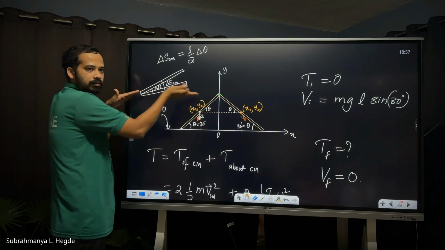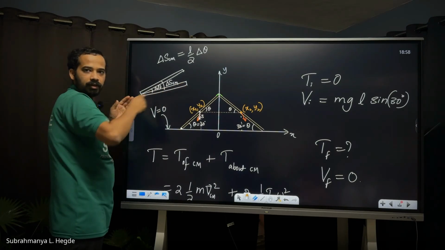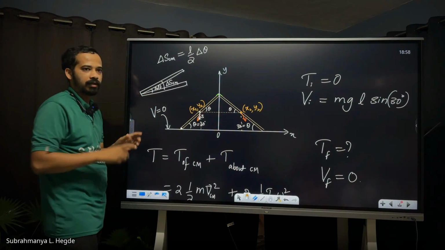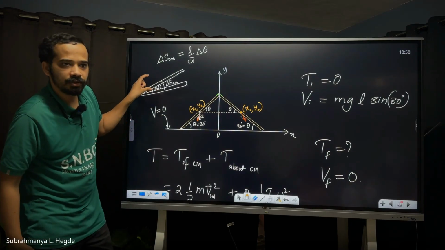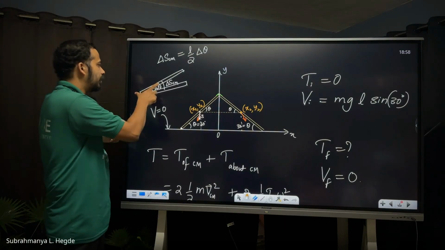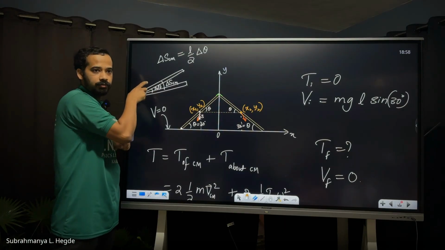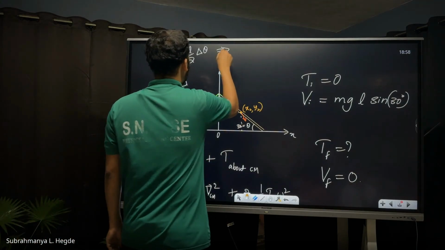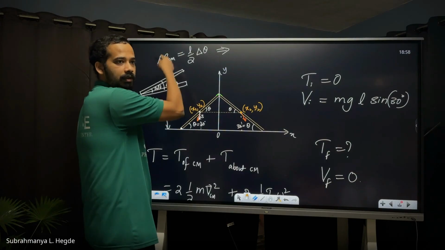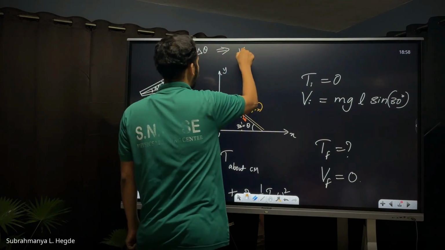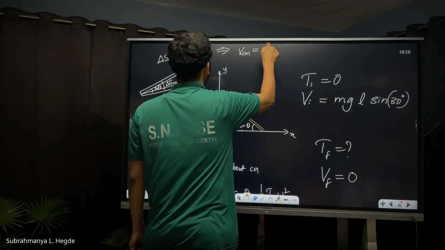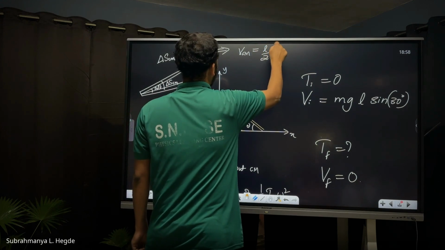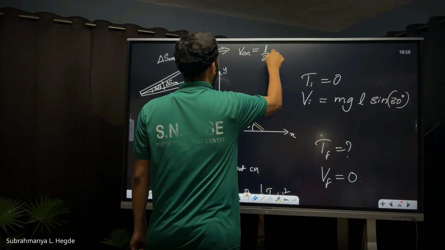Whole theta is defined with respect to horizontal. This is change in theta, the change in the location of center of mass. The relation between them is L by 2. Now if you divide by delta t, what do I get? VCM, that's equal to L by 2 theta dot.